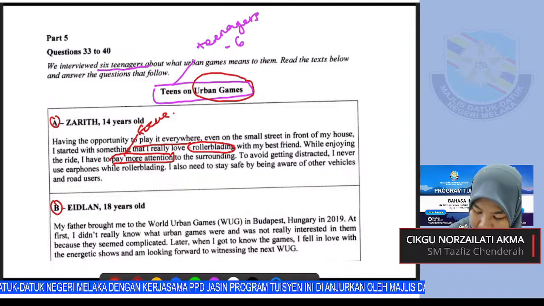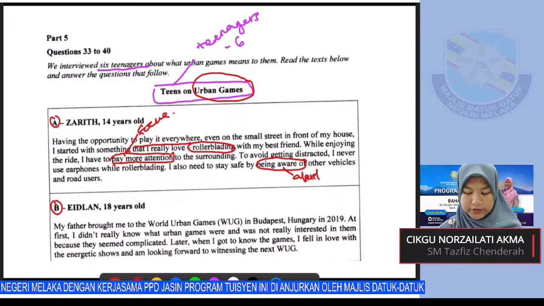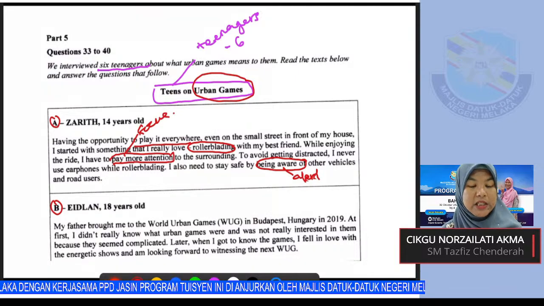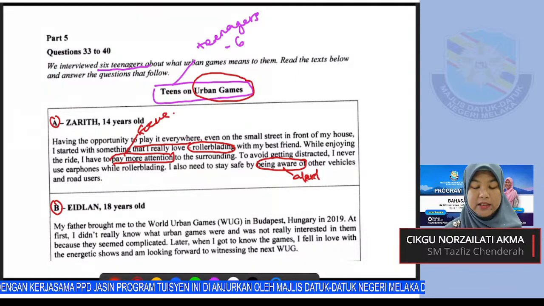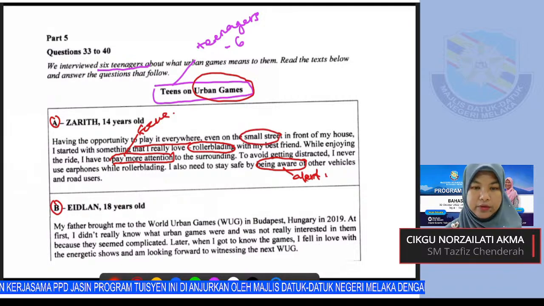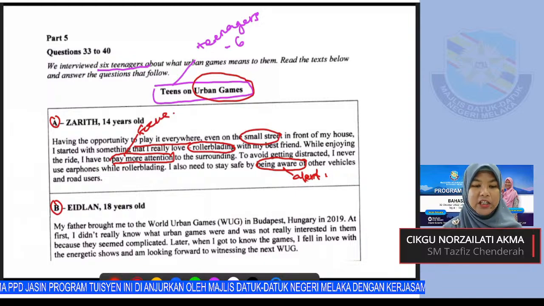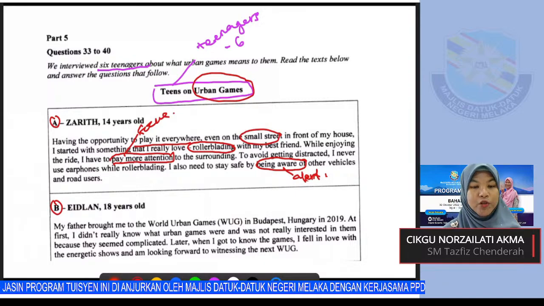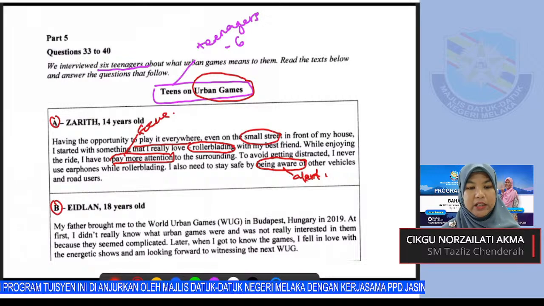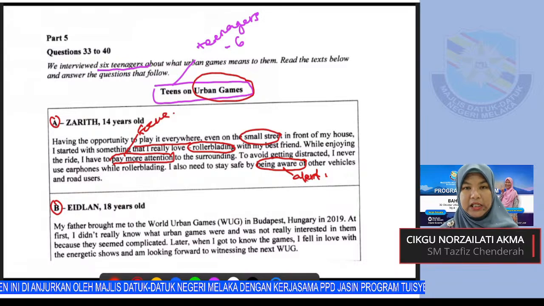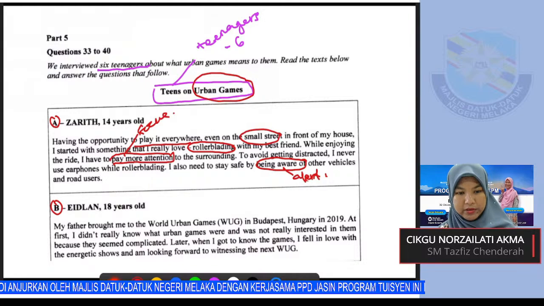Be aware of means to stay alert. To stay alert of what? Of the other vehicles and other road users, because she uses the small streets. So for Zarif, she plays rollerblading on a small street maybe, and while riding the rollerblade, she said that she needs to focus on the surrounding and be alert of other people.